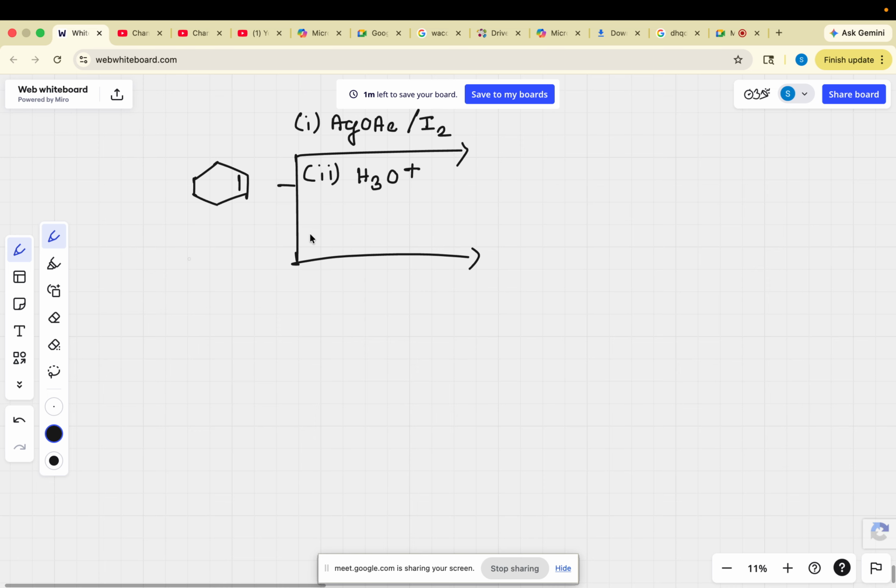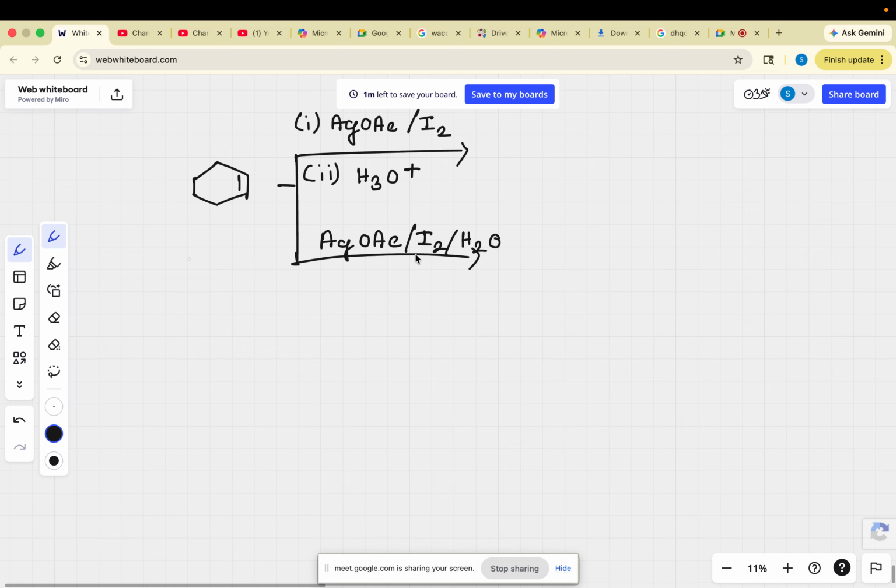And if they write like this, with the same reagent they are mentioning water, that means this is your Woodward reagent. So number two is your hydrolysis step.